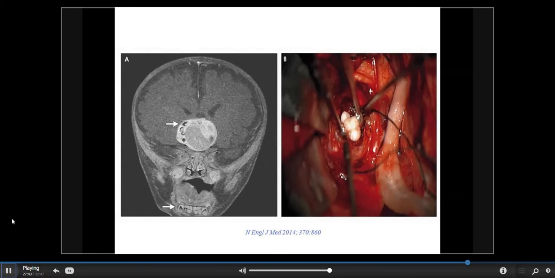Now, here is an image showing you an abnormal growth here. It's an abnormal growth, and when they perform the surgery on the patient, it looks like a tooth. This is pretty much a tumor. It is known as a craniopharyngioma.